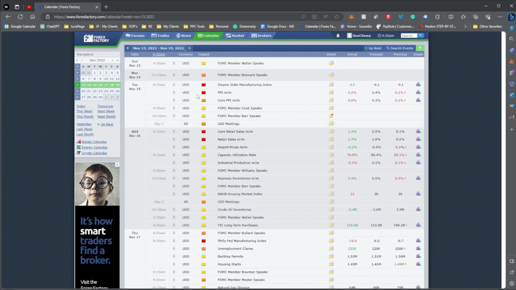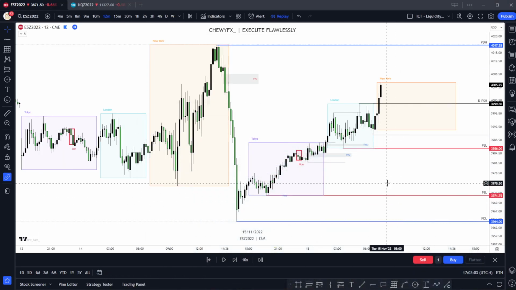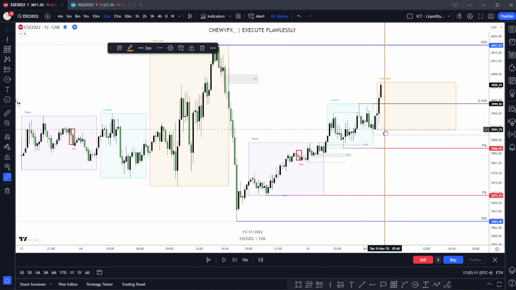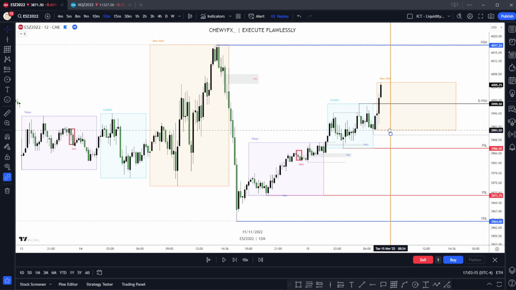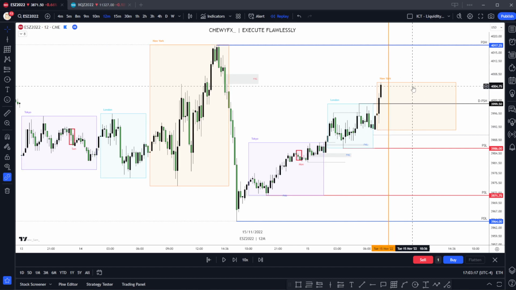So let me just take a look again. 8:30. So, if the news is at 8:30, then I'm not going to be looking for an entry till 8:45, which is a little unfortunate because, well, you know what? I guess there's a potential chance that the entry will happen between 8 and 8:12, but pretty unlikely.